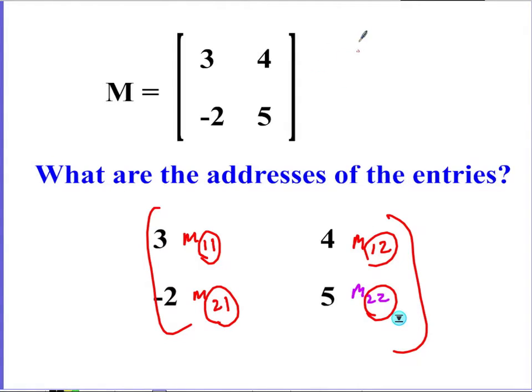So if I were to just create a 2 by 2 matrix and write the addresses, it will look like this. Whatever goes here is always the first row, first column. The address that goes here is always going to be the first row, second column, then second row, first column, and second row, second column. So all I did here was write the addresses. This is always going to be the same address for a 2 by 2 matrix.